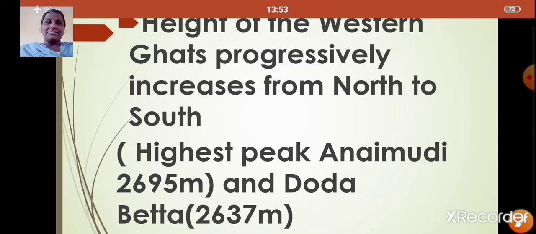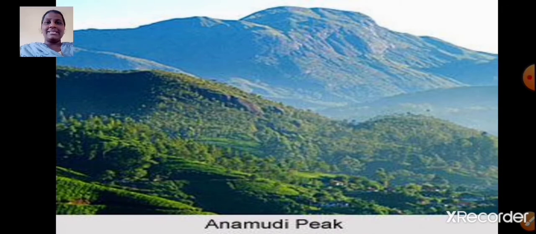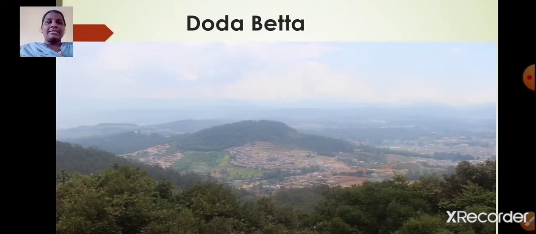So you need to remember this, students. Highest peak of Western Ghats, Anaimudi, it is 2695 meter, and Doda Betta 2637 meter. This is the image of Anaimudi. You can see Anaimudi peak here. This is the image of Doda Betta.